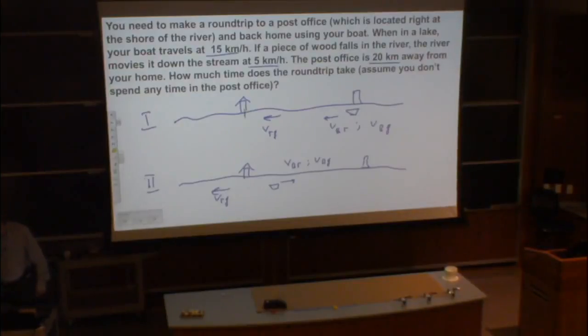Well, of course, distance is the same for both parts of the trip, right? Now, in a lake, your boat travels at 15 kilometers per hour. Please tell me, to what velocity does this number refer?